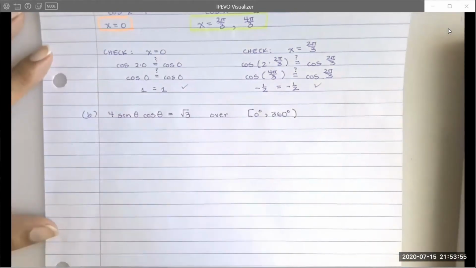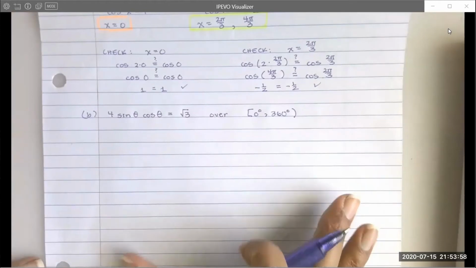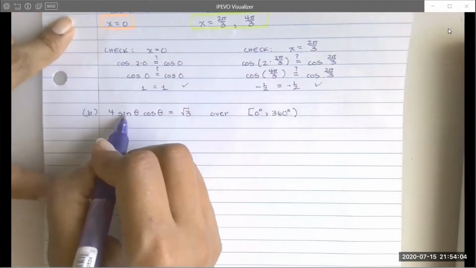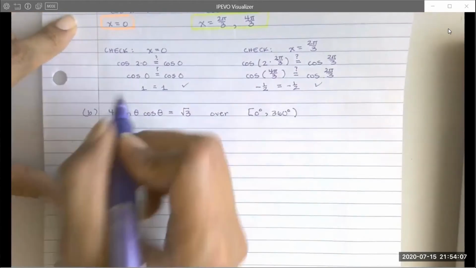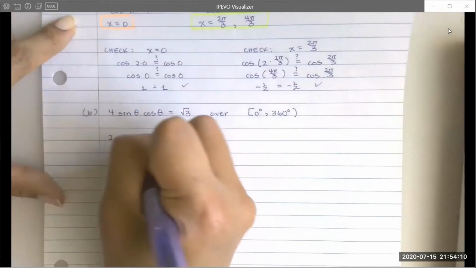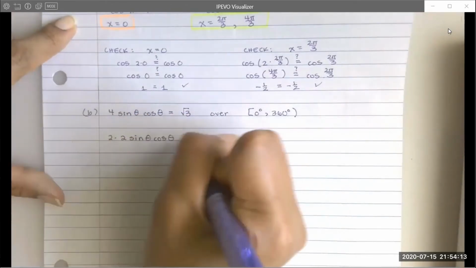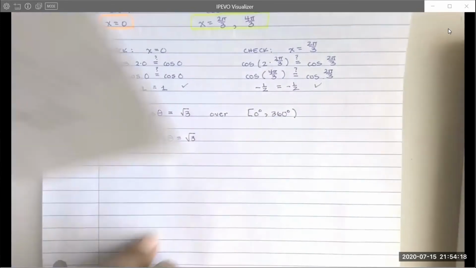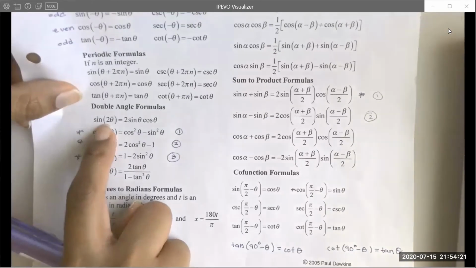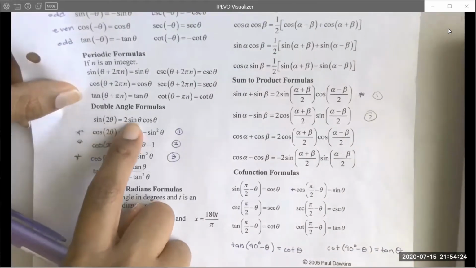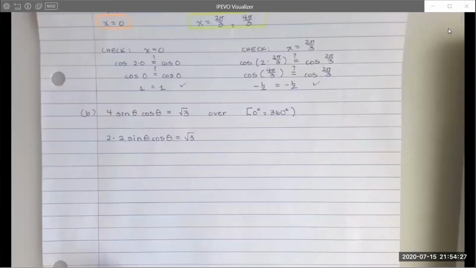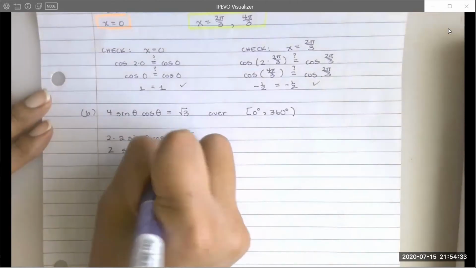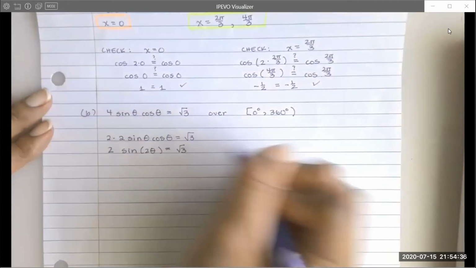If I want to apply an identity, I can write this as 2 times 2 sine theta cosine theta is equal to radical 3. This 2 sine theta cosine theta looks just like the double angle formula for sine. Sine 2 theta is 2 times sine theta cosine theta. So I'm going to replace that, and I get 2 times sine of 2 theta is equal to the square root of 3.